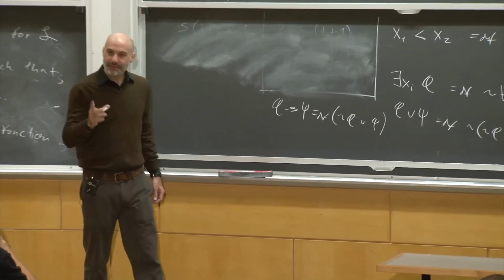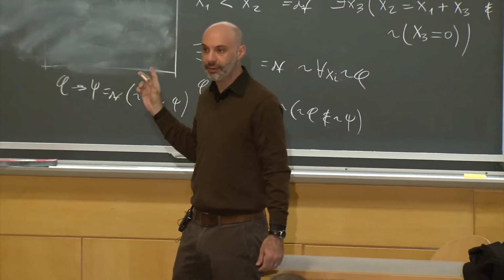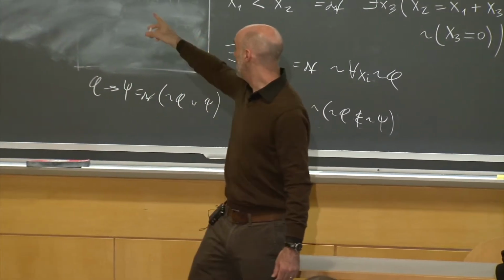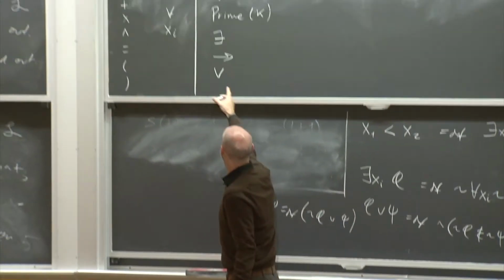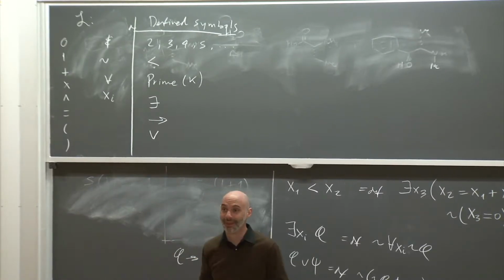So just to make it less boring, can anyone remind us how to define prime using either primitive symbols or symbols we've already defined, except prime?